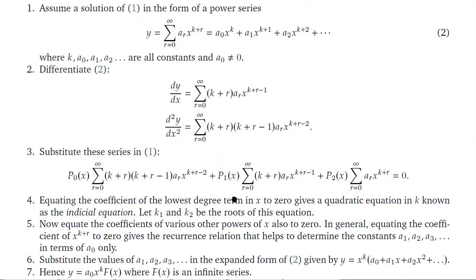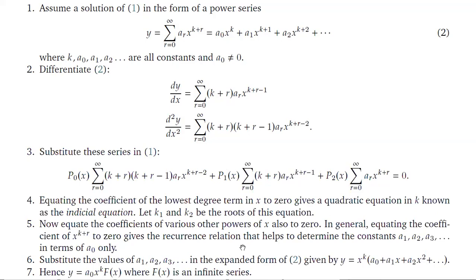When you do this step, you might possibly get the value of a0, and after getting the value of a0, the next thing we do is equate the coefficients of various other powers of x also to 0. In general, we equate the coefficient of x^(k+r) to 0, and that gives us a recurrence relation.